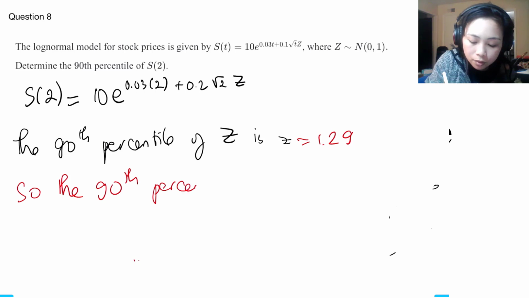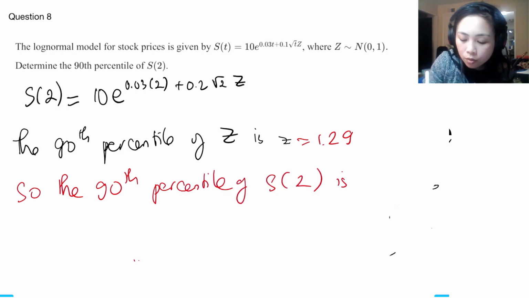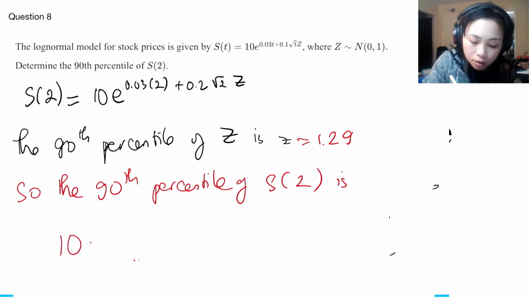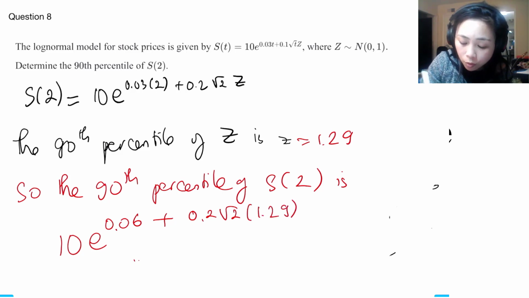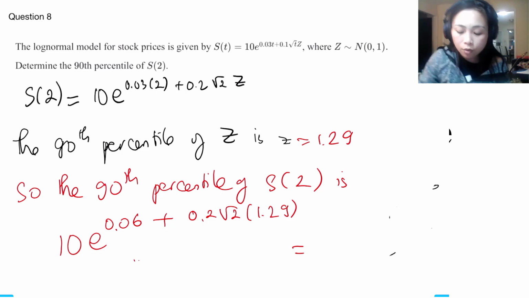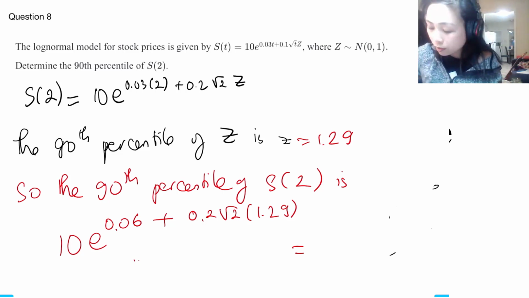Let me see, 0.06 plus 0.2 times square root of 2 times 1.29, and take the exponent and times 10. Excuse me, it should be 15.29. So this is the answer for this problem.